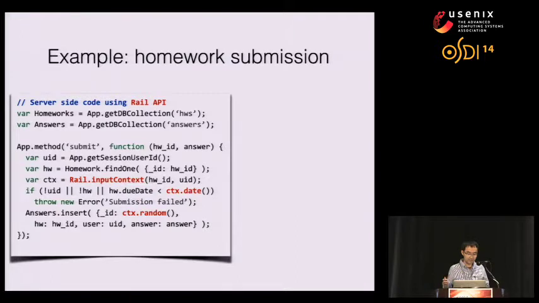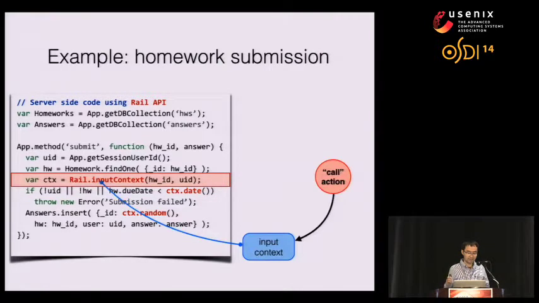As we highlight the change here, there is only a single explicit use of Rail's object. And when the changed code runs, Rail will connect this input context object to the current action. And we will talk about this object very soon.